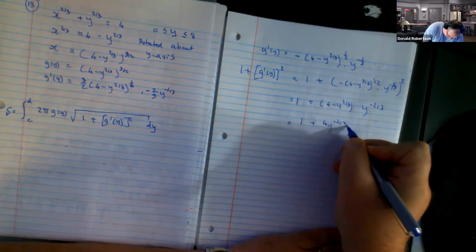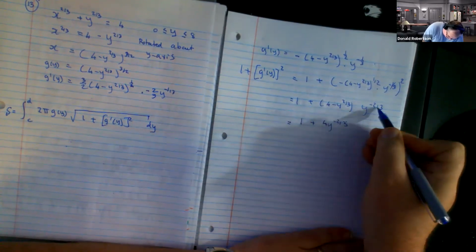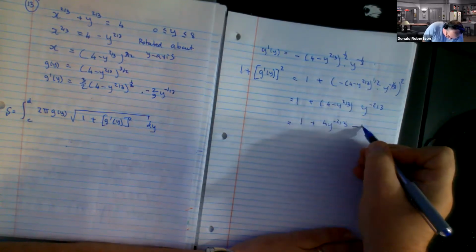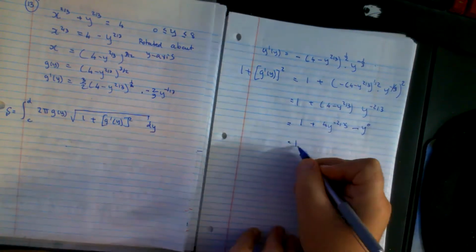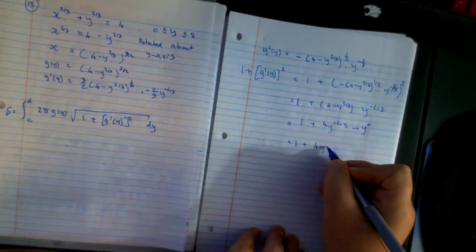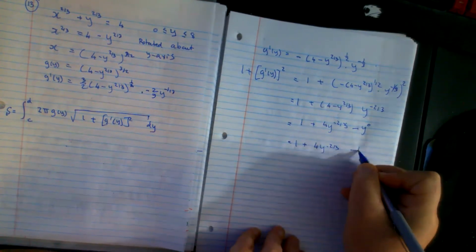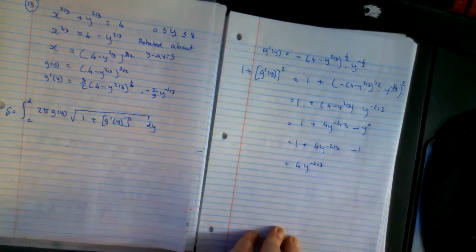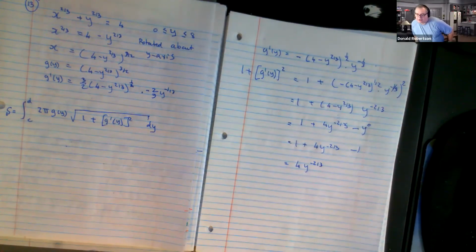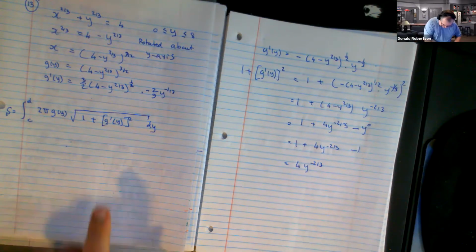Distribute that y. Okay, so if you distribute it, you get that. And if you multiply this by that, don't you get negative y to the 0? Isn't that a really amazing result? So we can now plug it into here.